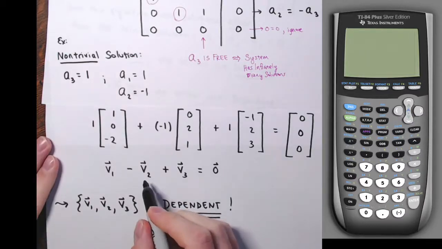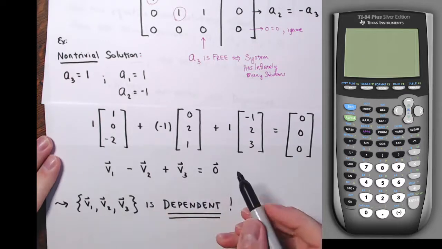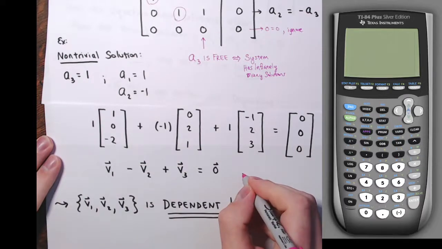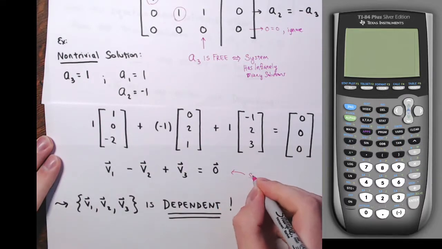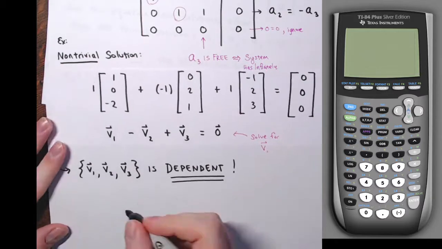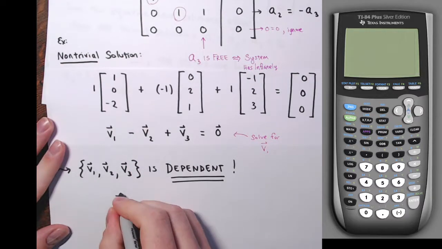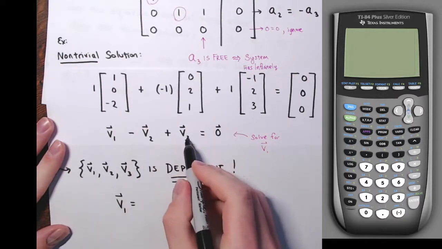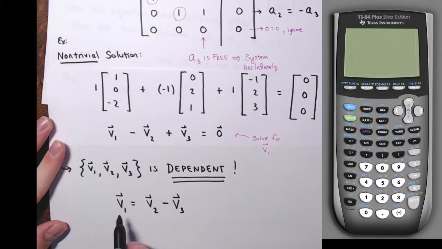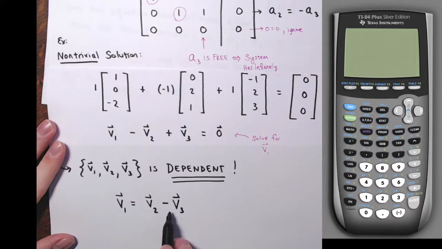So if I took this equation here and solve for, say, v1, get vector 1 alone, I would just simply add v2 and subtract v3. We got v1 is v2 minus v3. So you see, I can write vector 1 as a linear combination of vectors 2 and 3.